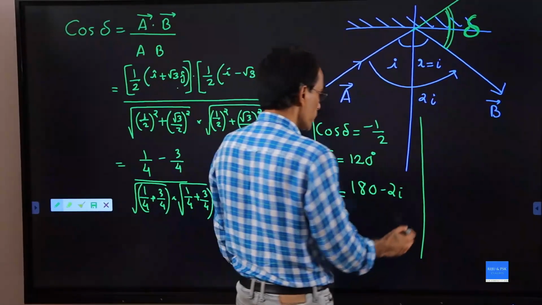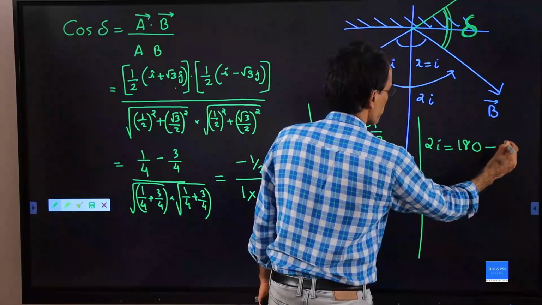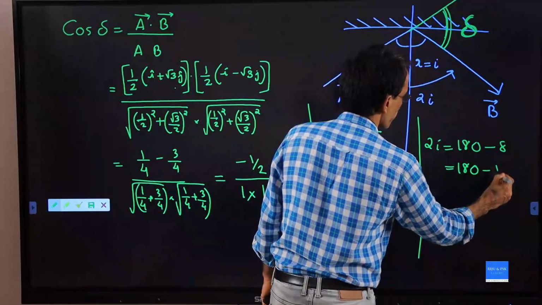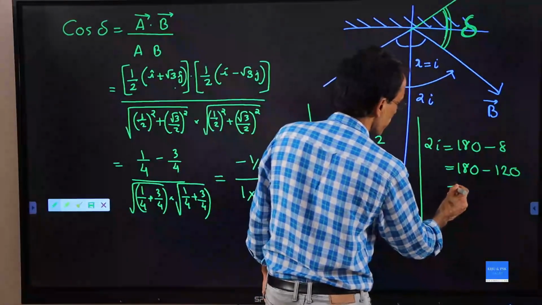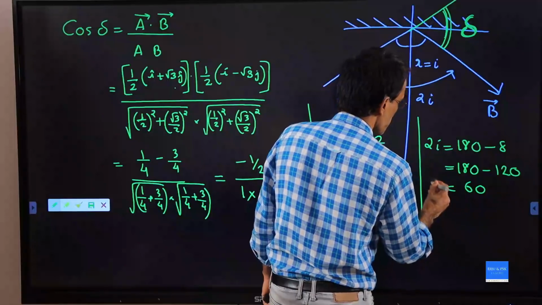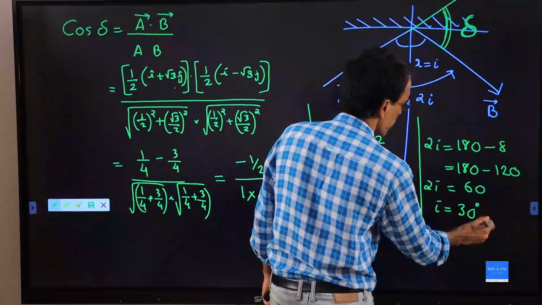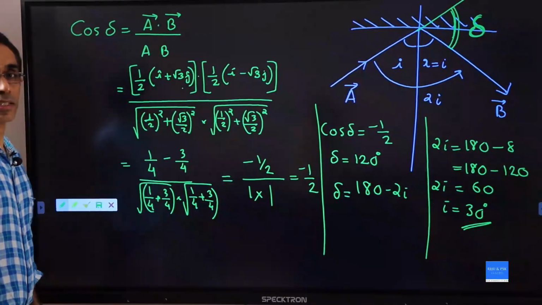Therefore, 2i is equal to 180 minus delta, which is 180 minus 120. This gives you 60, so 2i equals 60, and i must be equal to 30 degrees. So the angle of incidence is 30 degrees.